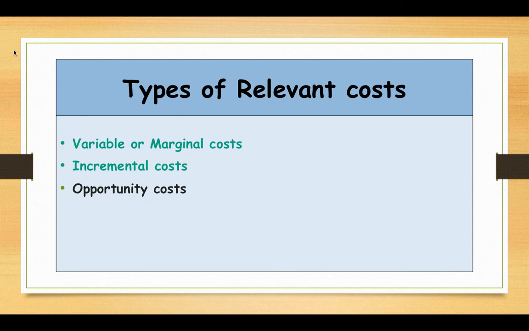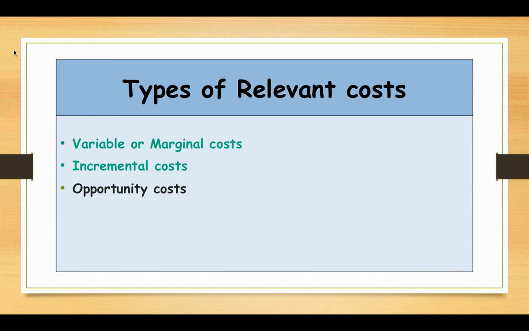So we are going to see two simple examples. Say a company has an idle asset. So this idle asset has a scrap value of £3,000. Now the company decides to use this idle asset in a new contract. So the company is going to lose the scrap value of £3,000.